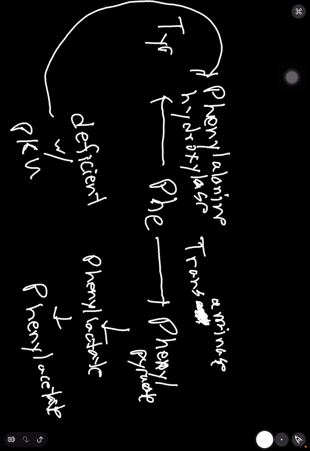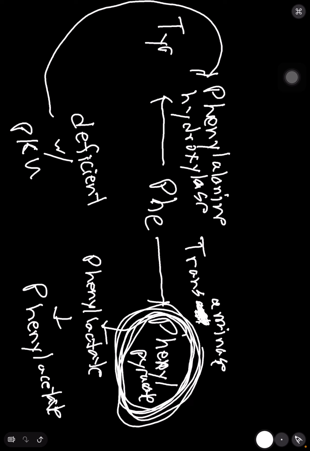If you're deficient in the enzyme phenylalanine hydroxylase, a certain amount of phenylalanine that usually gets turned into tyrosine can't be converted. You can't form that tyrosine. One consequence is tyrosine deficiencies elsewhere, but the more important thing is that you end up making more phenylpyruvate than you should. And that's really, really bad.